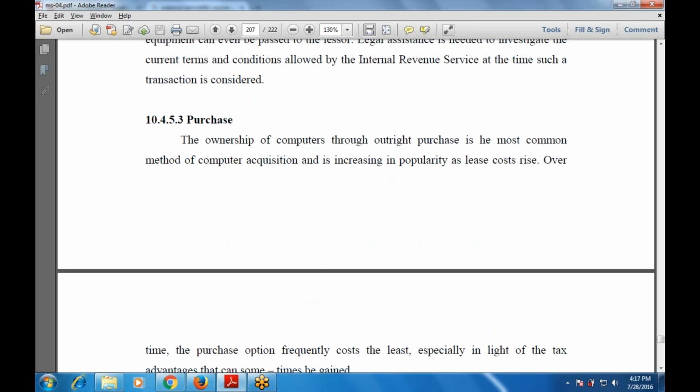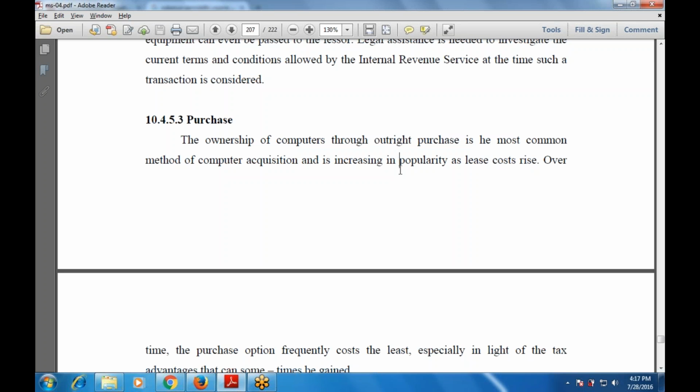Purchase means ownership of the computers through outright purchase, which is the most common method of computer acquisition, and it increases in popularity as costs fall.